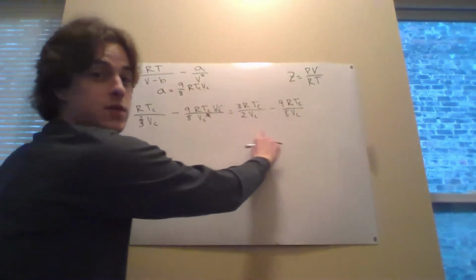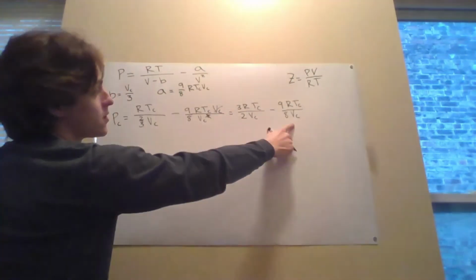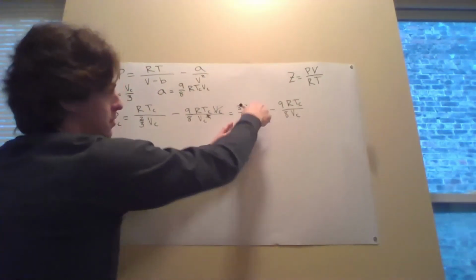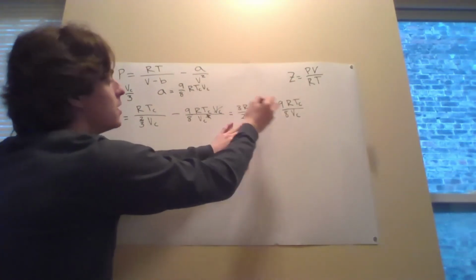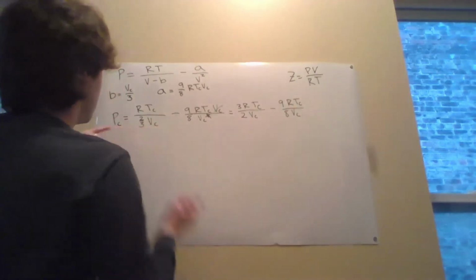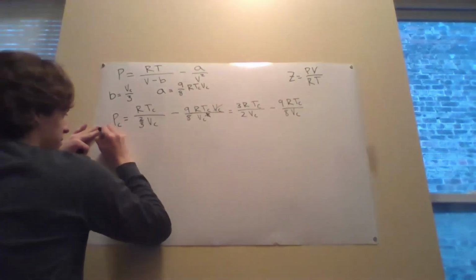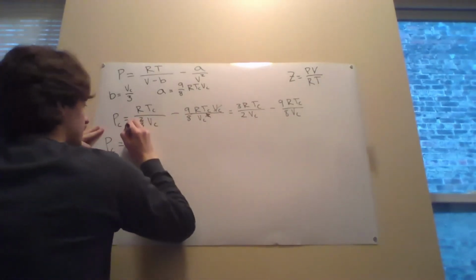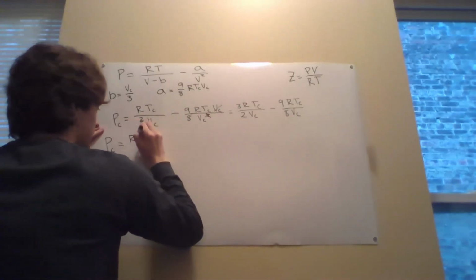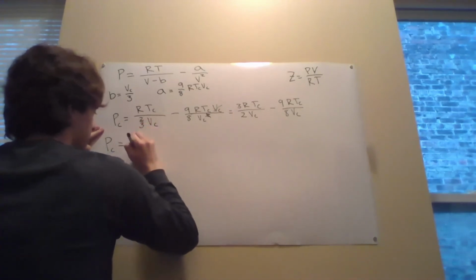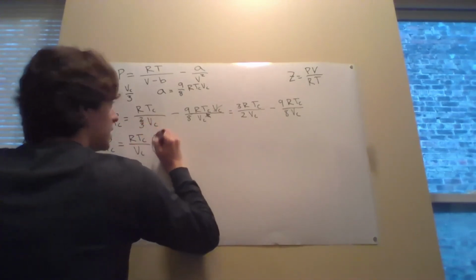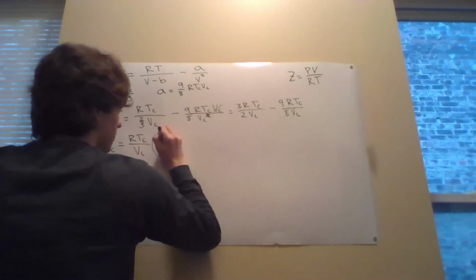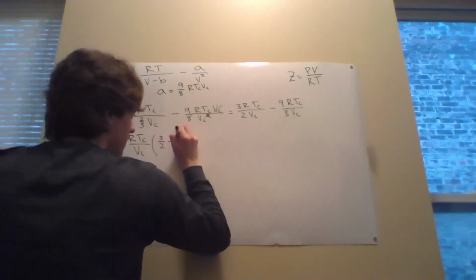Now that we have this equation, we can factor out R times the critical temperature over the volume. So the pressure equals R times temperature over critical volume, and we're left with 3 over 2 minus 9 over 8.